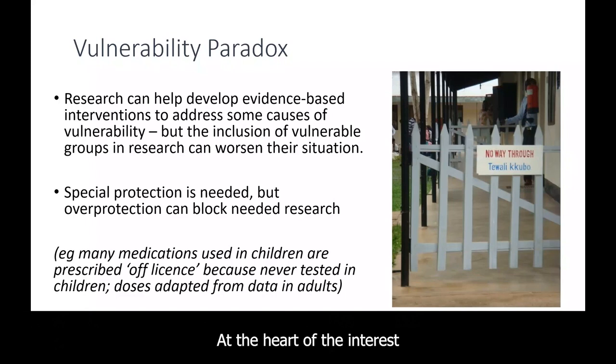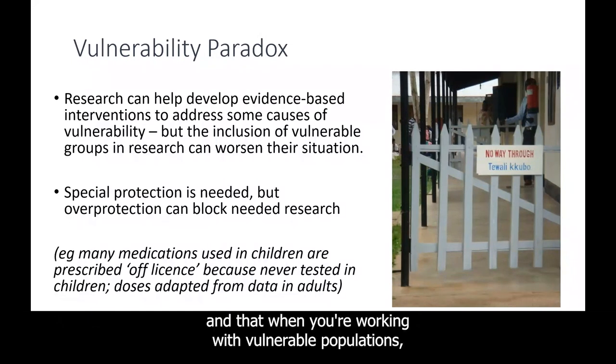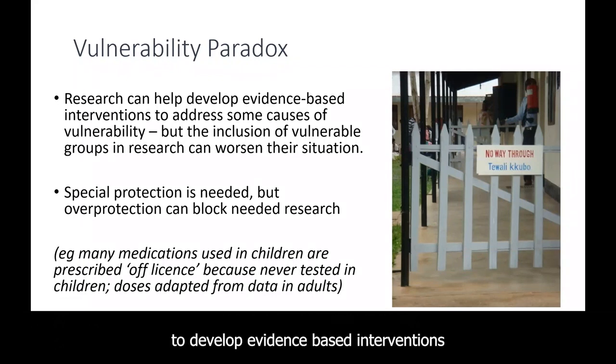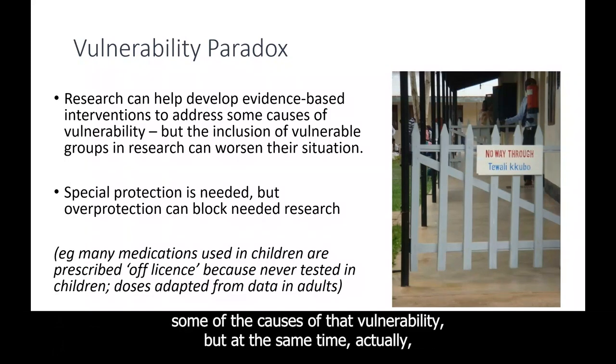At the heart of the interest of the REACH programme of work was a recognition that there's a bit of a paradox in research, in that when you're working with vulnerable populations, the research itself can be a really important thing to do in order to develop evidence-based interventions that might help to tackle some of the causes of that vulnerability.